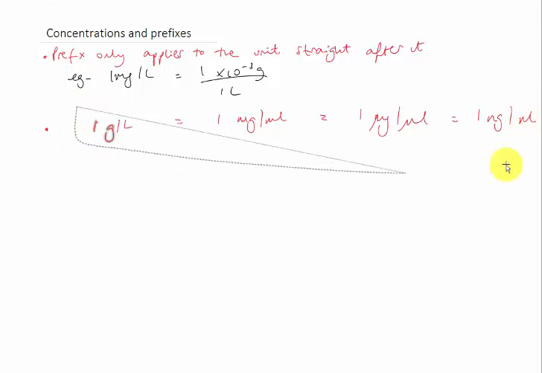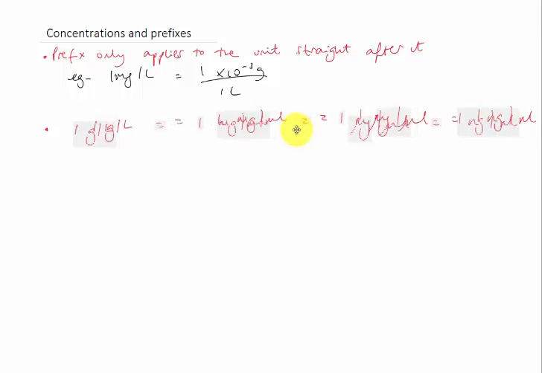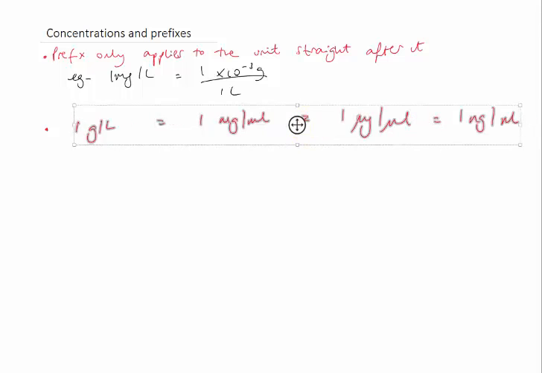Let's just move all these over a little bit. Each time we move across here, we've got 1,000 times less grams in a milligram than a gram, but also 1,000 times less volume. So that keeps the proportion between the mass and the volume the same. So these are all the same concentration.